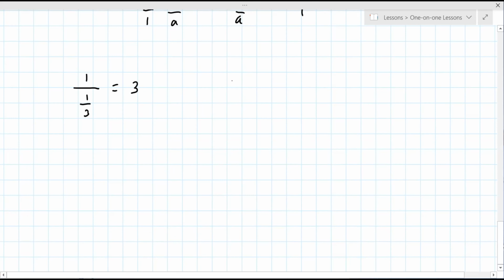The flip of that is 3. 1/(2/3) is the flip of this bottom fraction, which is 3/2. But 1/3 over 1 is 1/3. So you only flip here when it's a fraction.